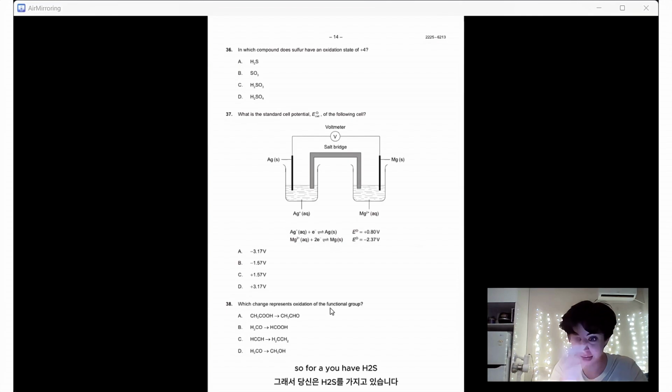Okay. So for A, you have H2S. Hydrogen is 1. So you have 2 times 1 plus S. It's overall going to be 0. Okay. So you got sulfur is equal to -2. So that is not +4. Wrong.